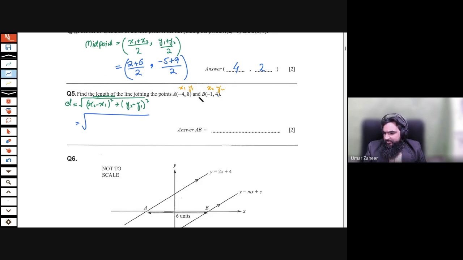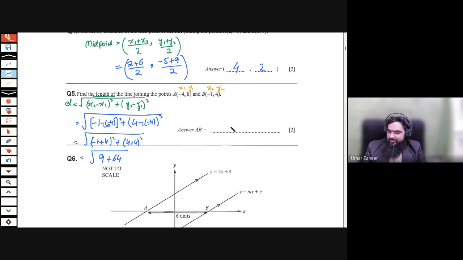So minus 1 minus minus 4, squared, plus 4 minus 8... minus times minus is plus, so it is 3 squared, which is 9, plus 4 squared... 8 squared is 64.